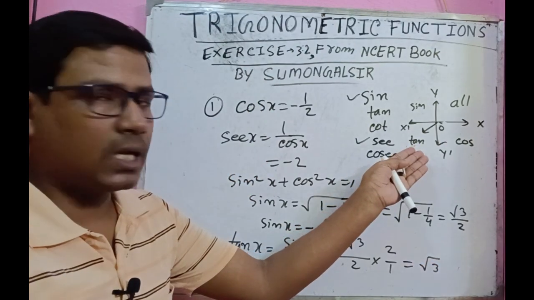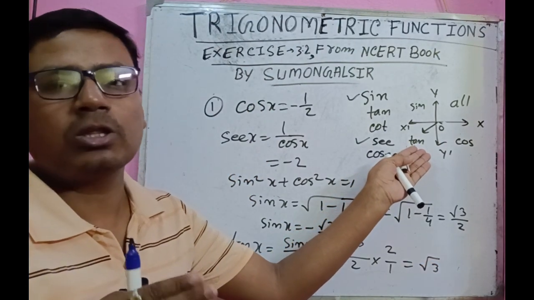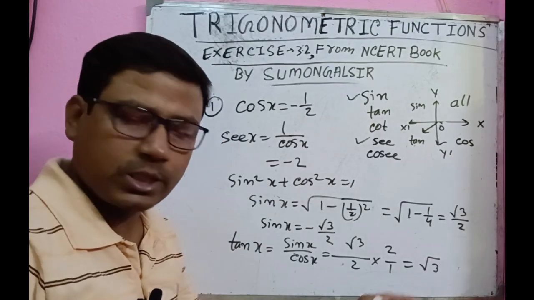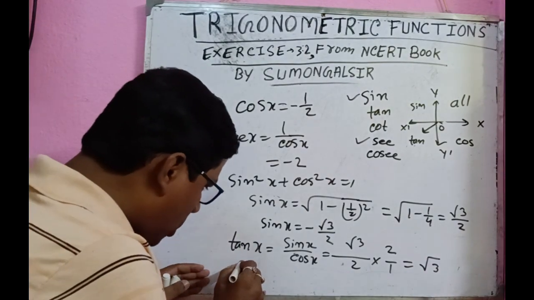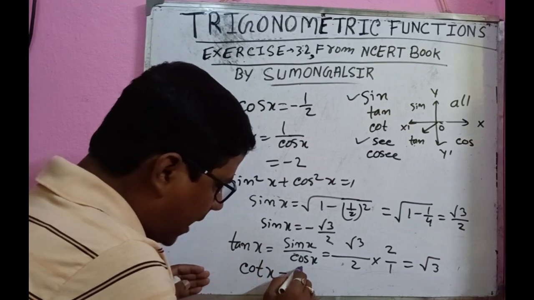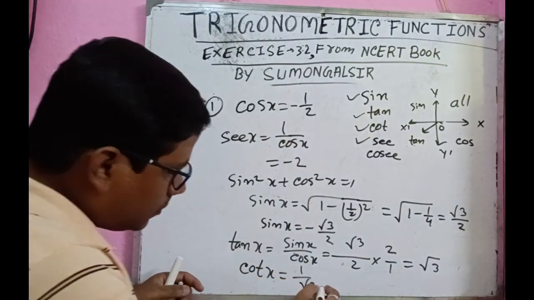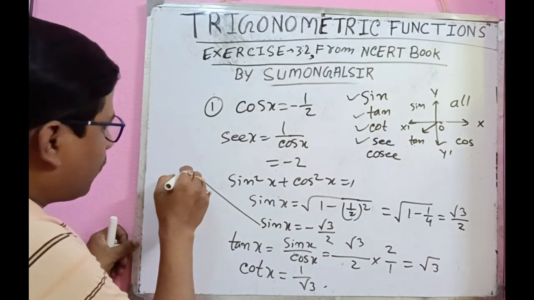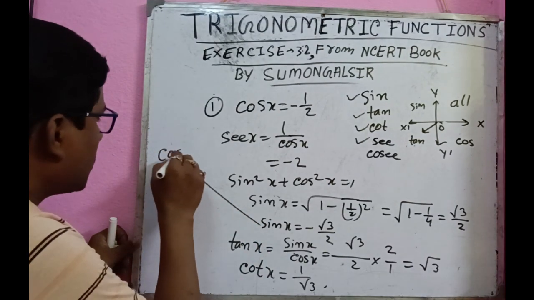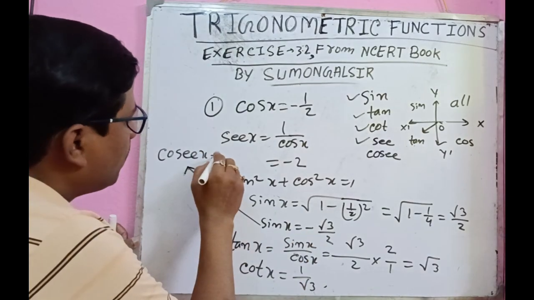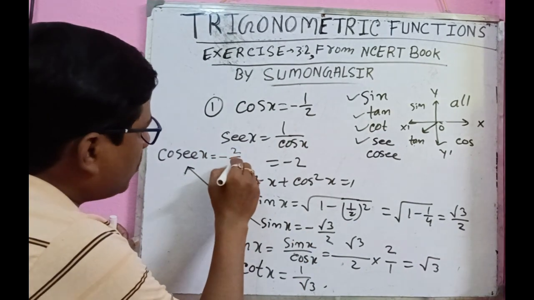Since we are in the third quadrant, tan will be positive. So cot x is equal to 1 by tan, that is 1 by root 3. And now from here we can find cosec. Cosec x will be minus 2 by root 3.